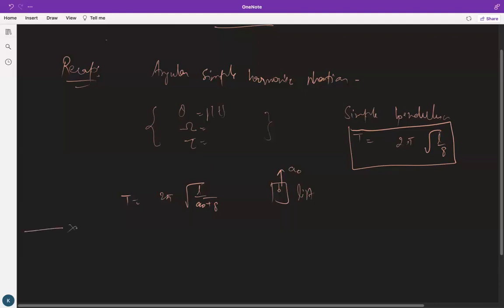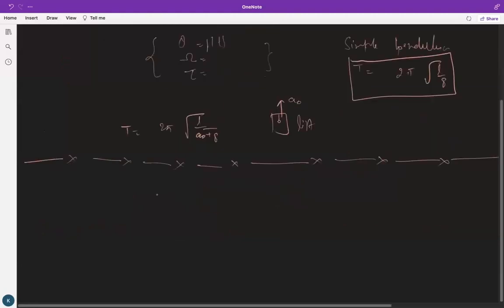So let's begin with a system in which our simple pendulum is attached to an accelerating car. Take it as a question, in which we have a simple pendulum in an accelerating car.